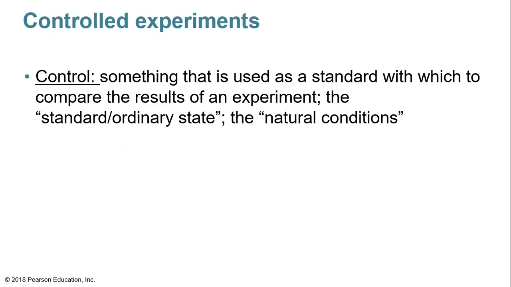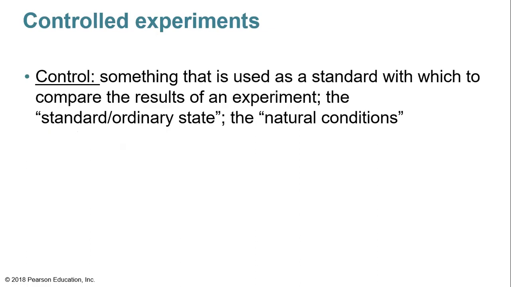First, let's talk about controls and constants. It's easy to get them mixed up because the words sound similar, but they mean very different things. Control is something that you compare your results to. And let's go back to the strawberry example, where the natural condition of the field is no fertilizer. So that's the control. And if you add fertilizer, then it's no longer in the natural state.